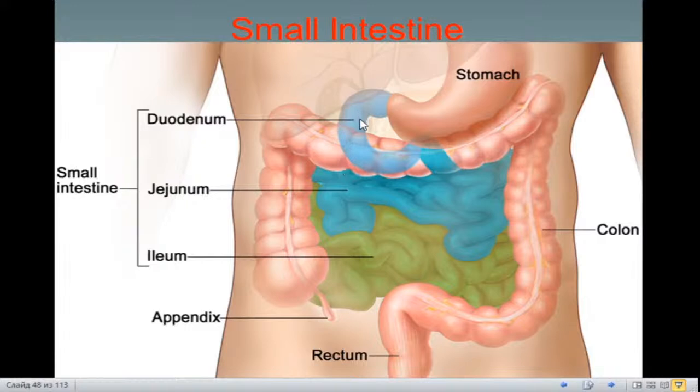The interesting thing is that to the descending part of the duodenum, to its medial posterior wall, opens the common duct from the gallbladder, exactly from the liver and then through the gallbladder, and from the pancreas. So both bile and pancreatic juice will appear in the descending part of the duodenum.